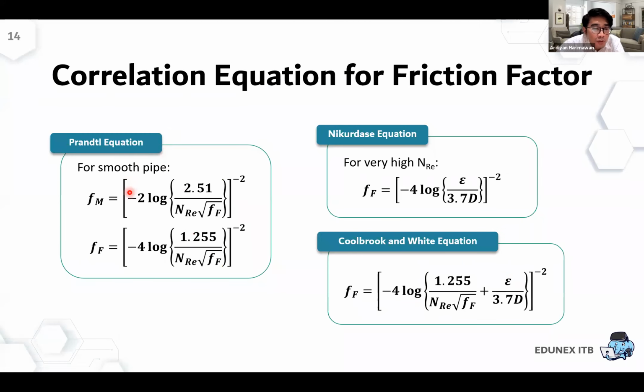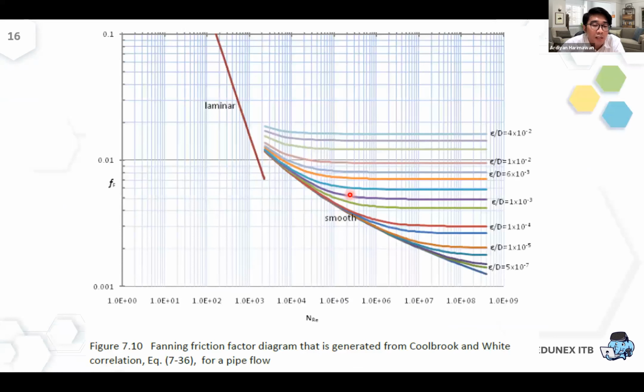You can use correlation equations to calculate the Fanning or the Moody friction factor, but you can also use the Fanning diagram, which correlates the Fanning friction factor to the Reynolds number. In our last discussion, we saw the profile of the graph for laminar flow and also for turbulent flow.